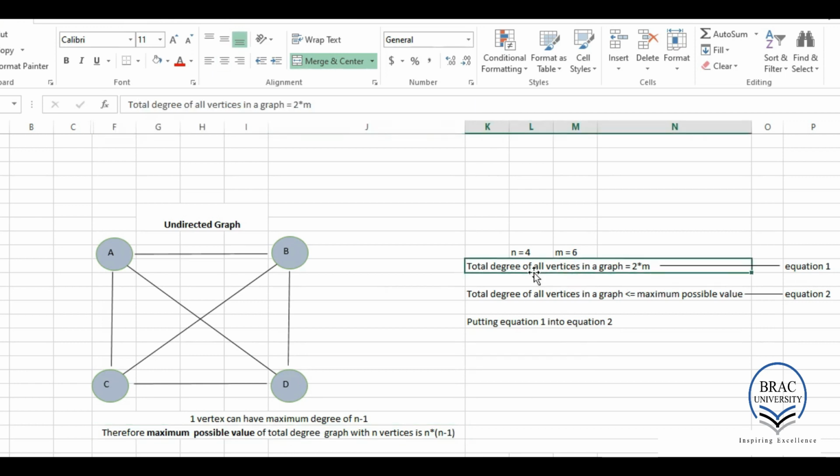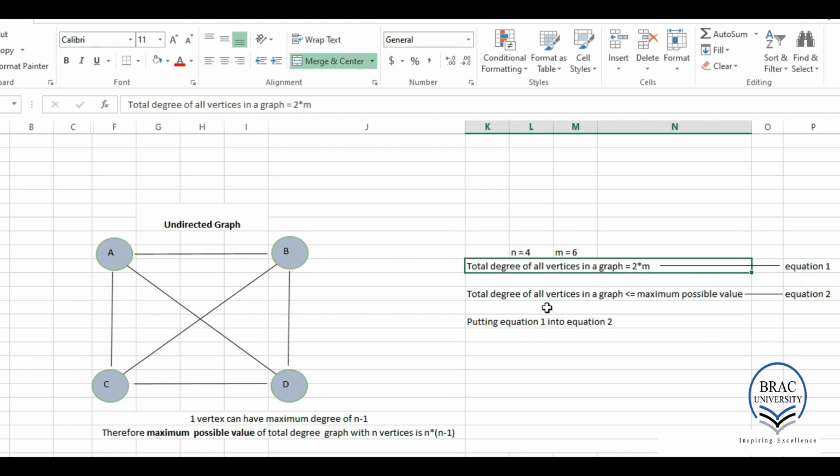I told you to remember the theorem that I discussed previously, which said that the total degree, or summation of the degree of all the vertices in a graph, is equal to twice the number of edges. So this is equation 1.